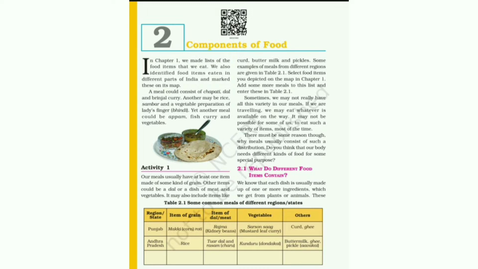So what do you think? Why should we eat different food items? Because every food item contains different nutrients which are necessary for our body. We know that each dish is usually made up of one or more ingredients which we get from plants and animals.